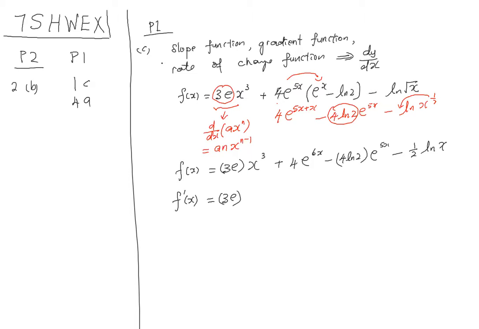Bring down the power. Power take away 1. For e, you copy down the whole thing times by the derivative of the power. Same go with this one. Copy down the whole thing times by the derivative of the power.